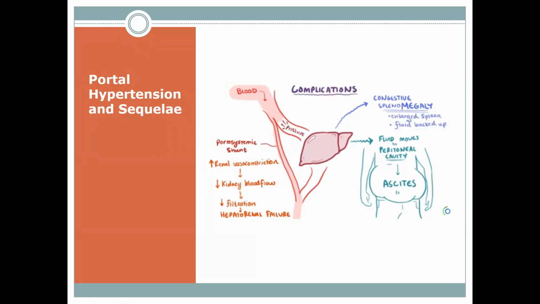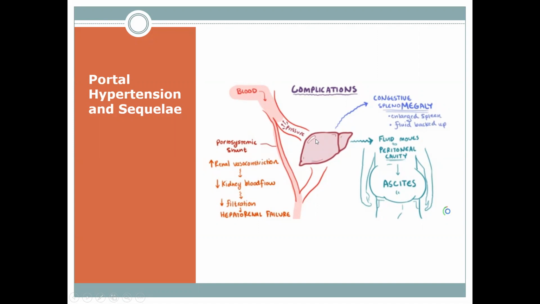All of that is going to result in sequestration of the blood in that region of the body. As a result, there is a decreased amount of flow to the kidney. So the GFR is going to be affected and a hepatorenal failure may ensue, or hepatorenal syndrome may happen, okay?